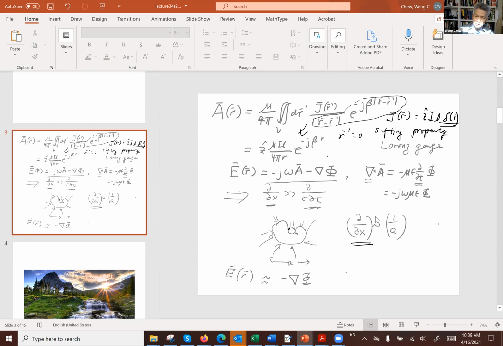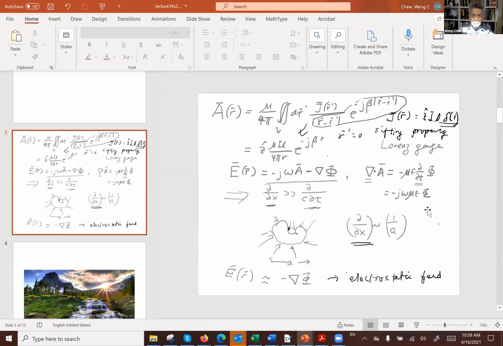The smaller the particle, the more rapidly varying it is. So for the case of a very small particle, this term starts to dominate over the other terms. Then you can say that the electric field in the vicinity of the particle would just be an electrostatic field. Okay, so this is essentially an electrostatic field.